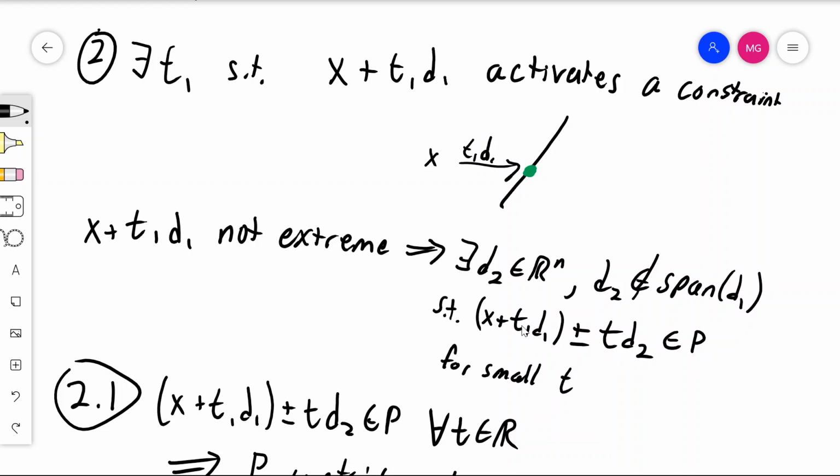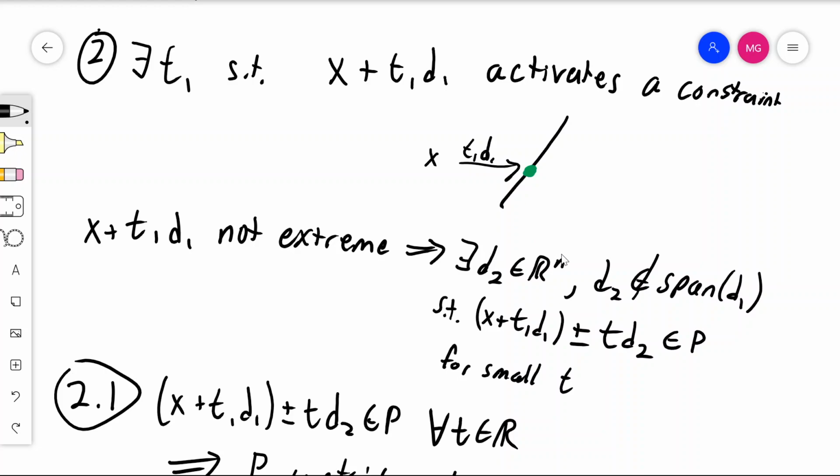Okay, so now t1 is a fixed value, right? So the only t that appears in this is right here, and so d2 is definitely not in the span of d1, because first of all we know it has to exist because it's not extreme.